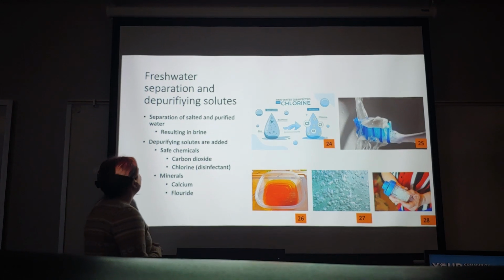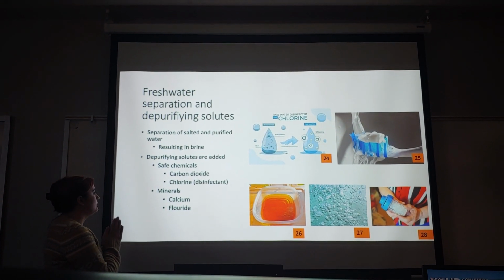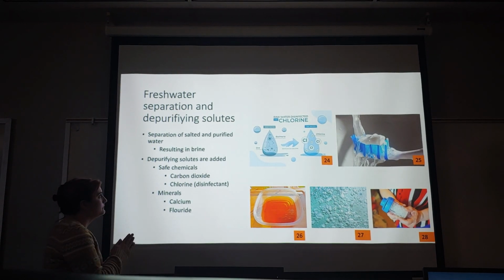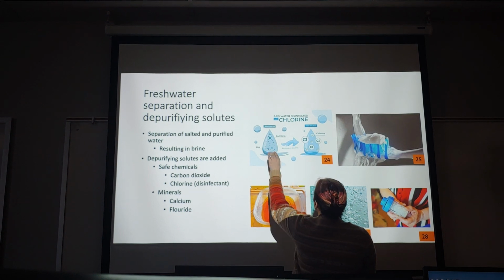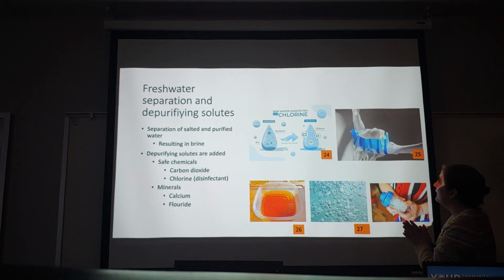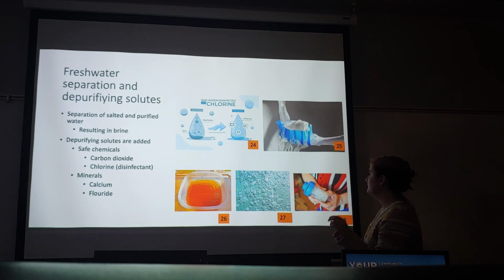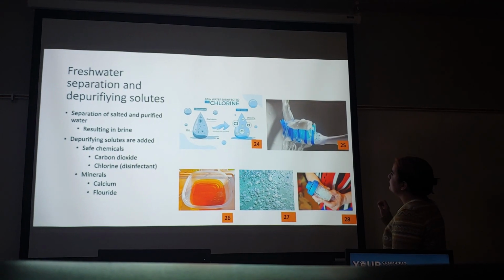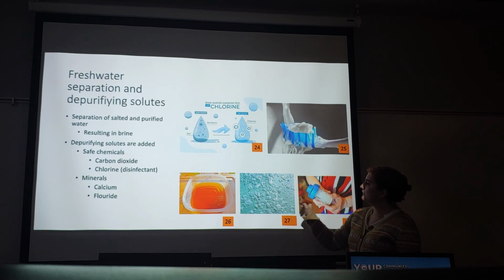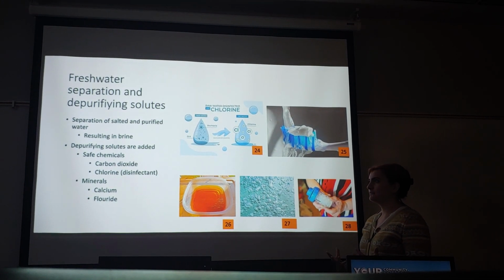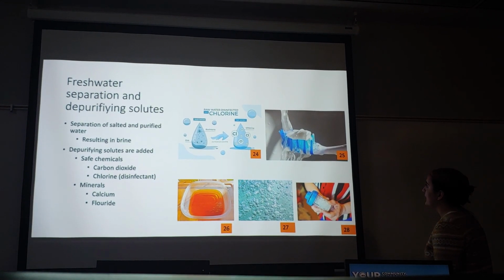So we have to put some purifying solutes into the water, like safe chemicals and minerals. A safe chemical such as chlorine to get rid of any bacteria and dirt at a safe concentration. And then we're also going to add some carbon to make it a little less dense, is what we basically want from that.